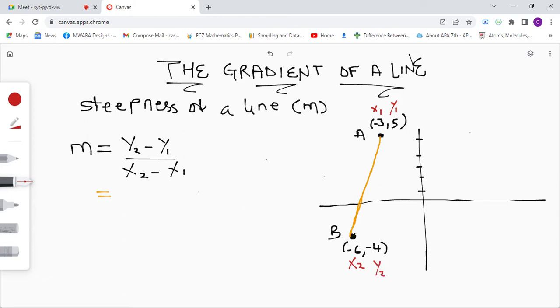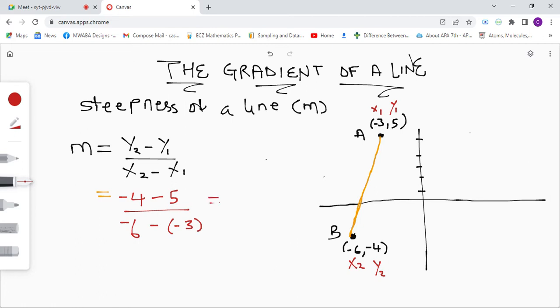So we calculate the gradient. Y2 is -4, so we say -4 minus 5, over x2, which is -6, minus x1, which is -3.